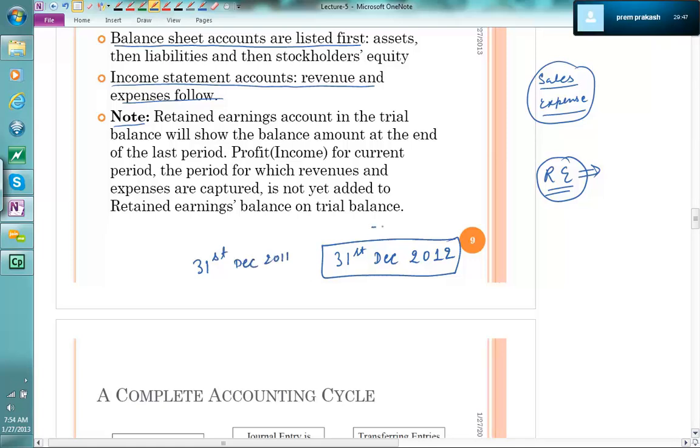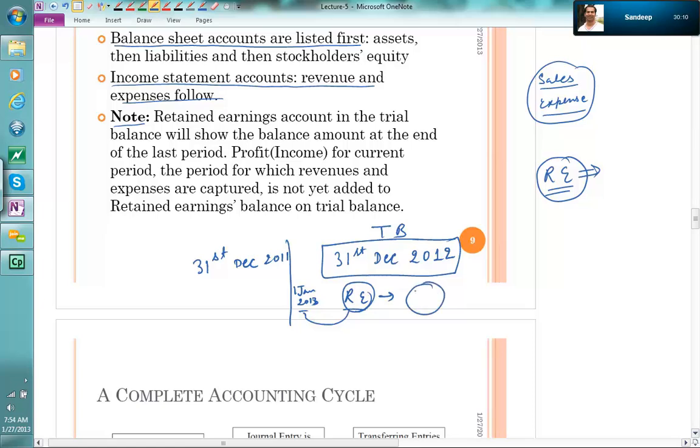In this particular trial balance, retained earning will hold the amount as at the beginning of 1st January 2013. Whatever was the balance in the retained earning at the beginning of the period, that will be here.